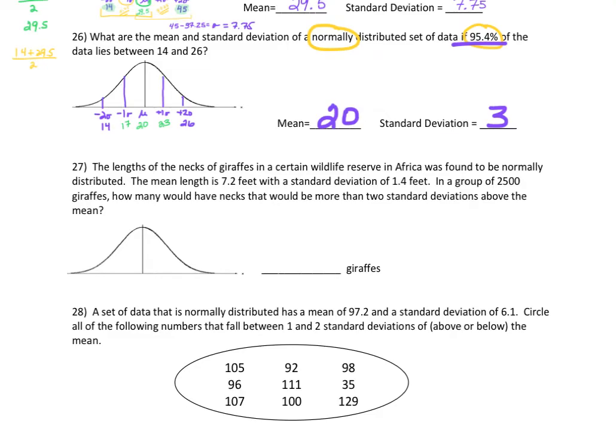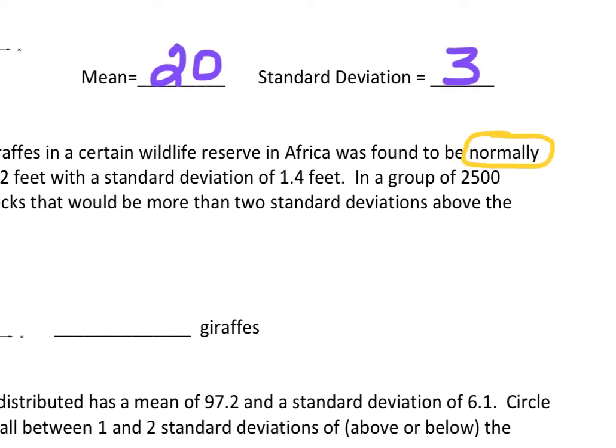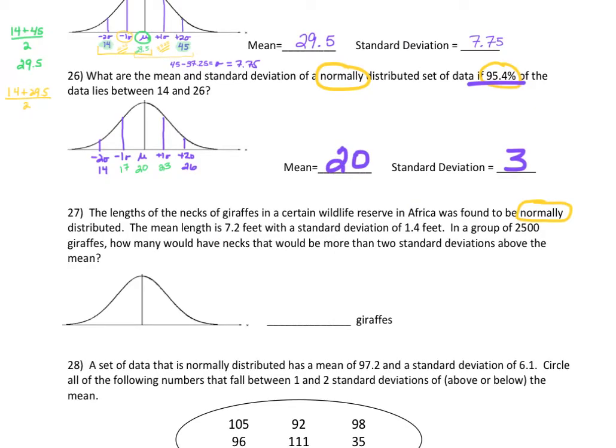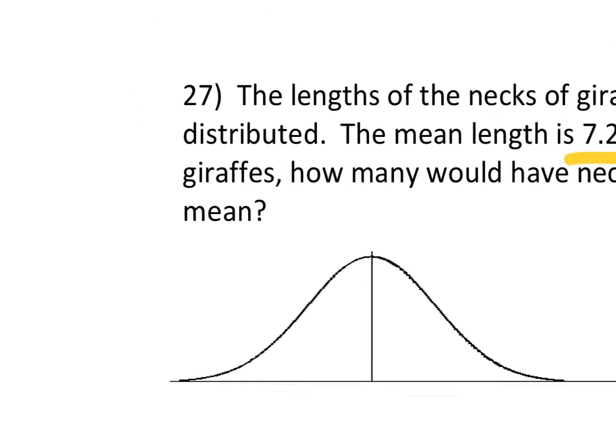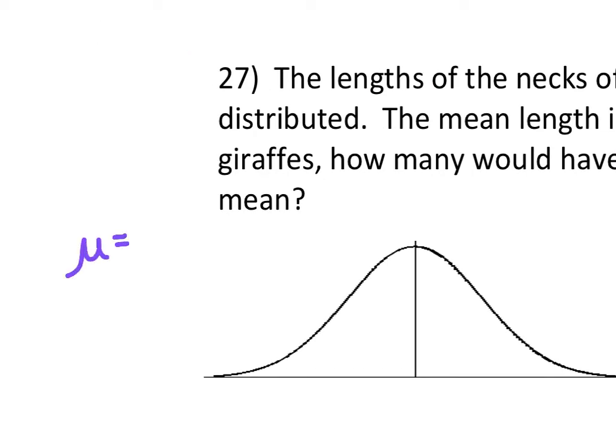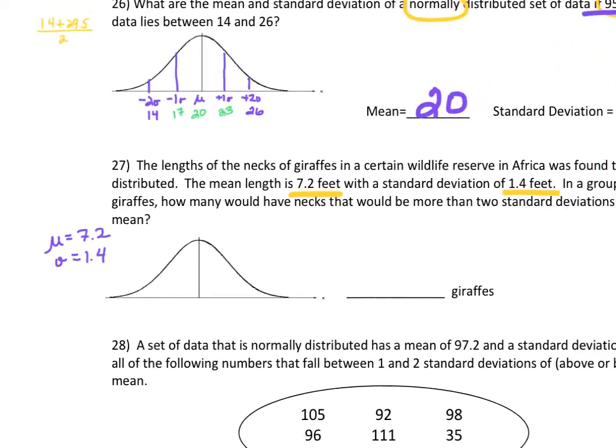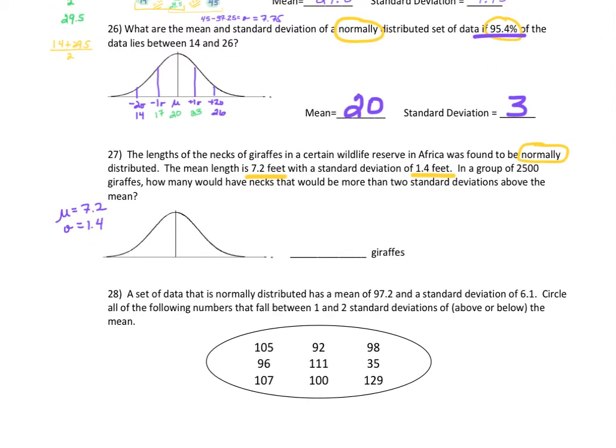So in number 27, this is another problem about a normal distribution, and you're given the information that the mean is 7.2 and the standard deviation is 1.4. So the mean is 7.2 and the standard deviation is 1.4. And it's basically looking for the giraffes with the long necks, because it asks for necks that are more than 2 standard deviations above the mean.